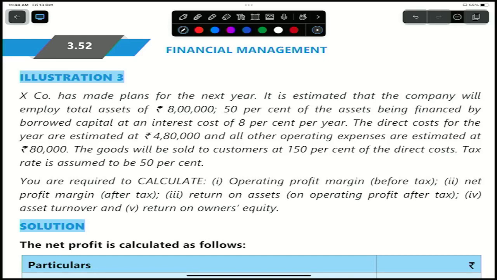Can you please tell me what do you mean by operating profit? I told you so many times in the introduction.